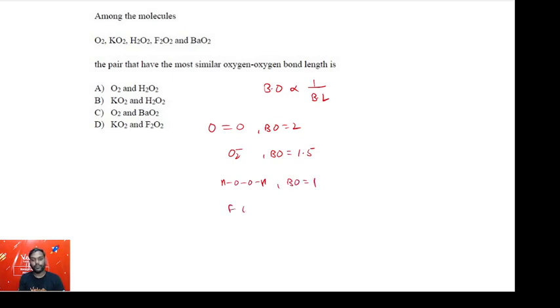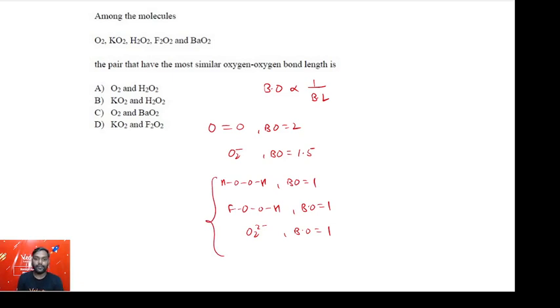F2O2 also contains single bonds, its bond order is 1. And BaO2 is barium peroxide, O2 2 minus, its bond order is also 1.